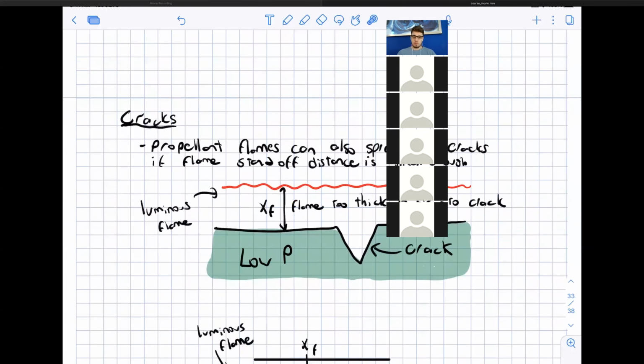One issue that I'm going to discuss is cracks, because that's a big issue for heterogeneous propellants. I don't know if you guys have seen an old tire that's just sitting around for years and years and years. But if you have, you may have noticed that it gets sort of quote unquote dried out and it forms cracks on it.